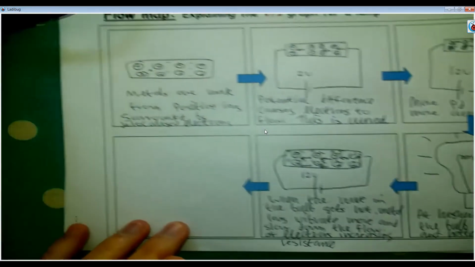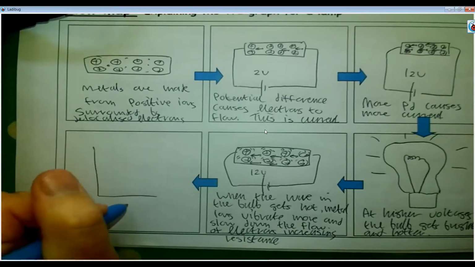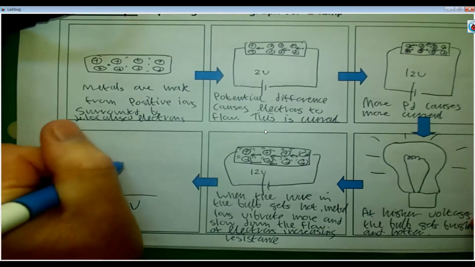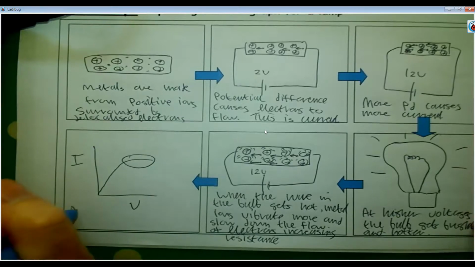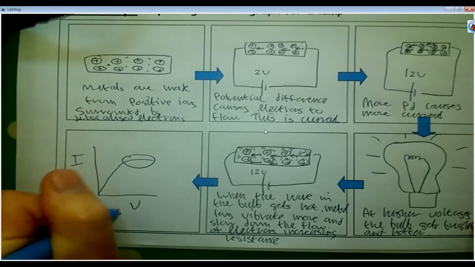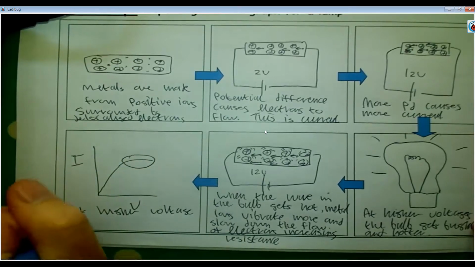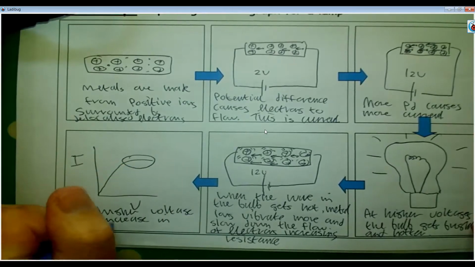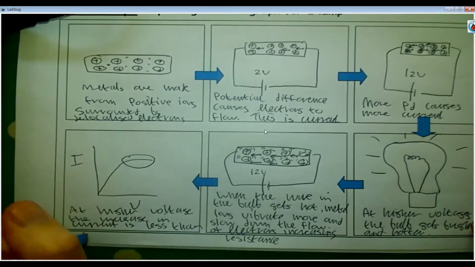them to flow through. So that very last bit, which is our graph, voltage, current, we use I for current, and it levels off. And this bit here, at higher voltage, the increase in current is less than expected.